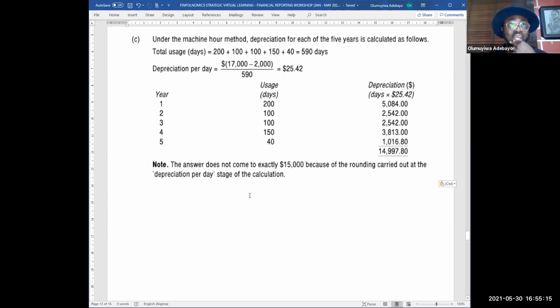Okay? Now, the answer does not come to exactly 15,000 because of the rounding error. But if you use spreadsheets, everything will come to the nearest cent. Okay, that is that. Now let's look at the final one, the sum of the year digits.